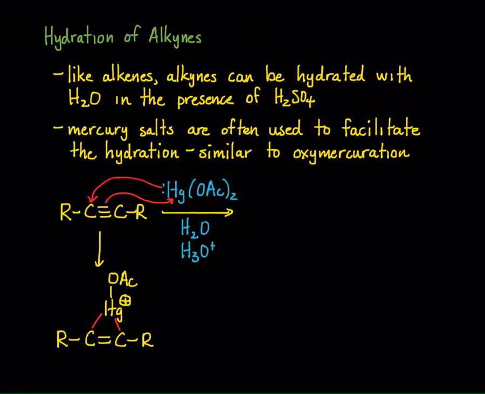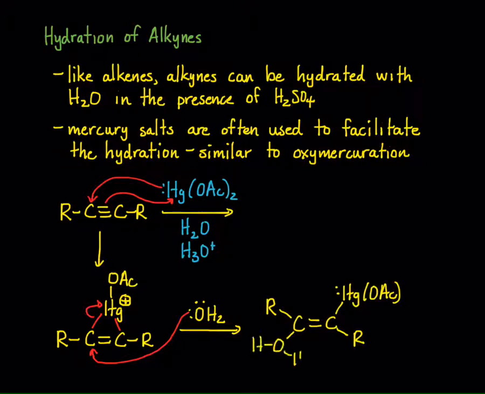So now water can come in, attack one of the carbons, displacing the carbon-mercury bond, and the result is this. And so you get the oxonium ion forming with mercury acetate.